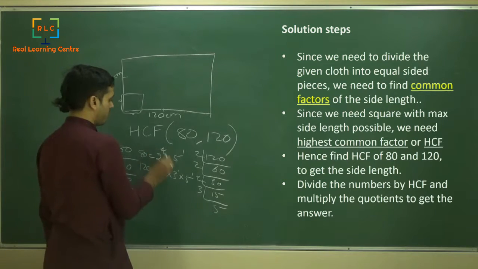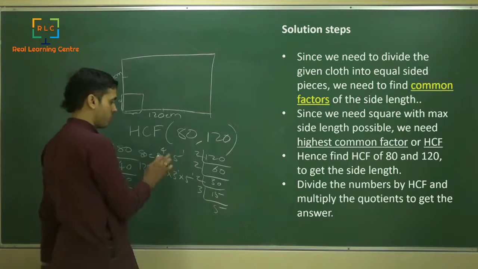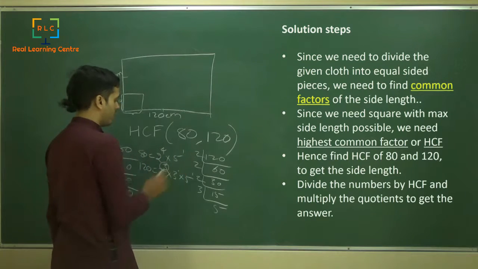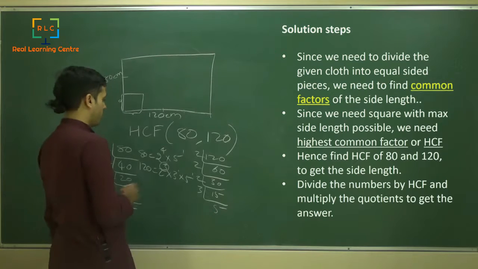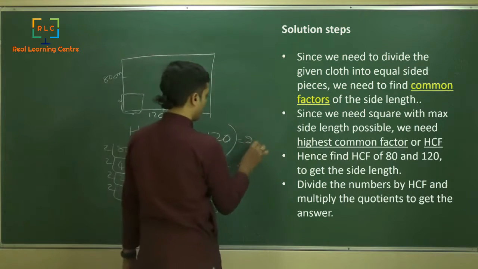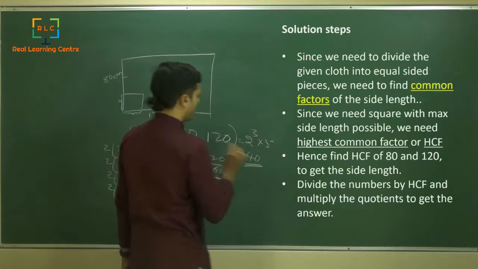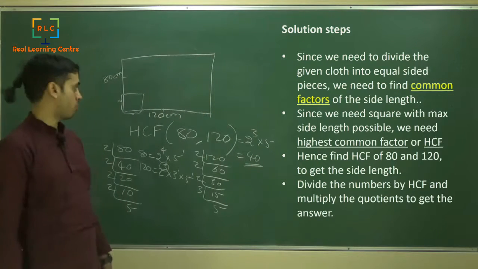The least power of 2 is 3, so take that. For 3, the least power is 0, since it's not in 80, so we take that. For 5, the least power is 1, take that. So the HCF of 80 and 120 is 2 cubed into 5. 2 cubed is 8, 8 times 5 is 40. 40 is the highest common factor.